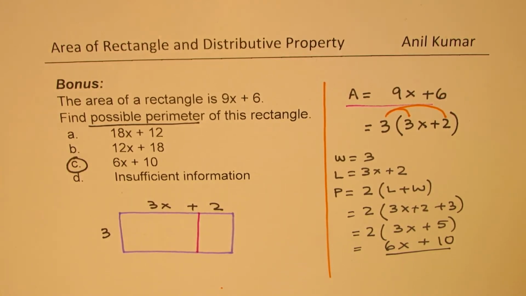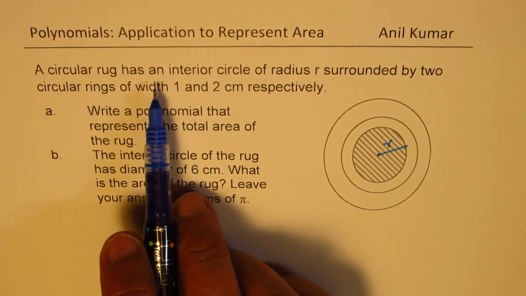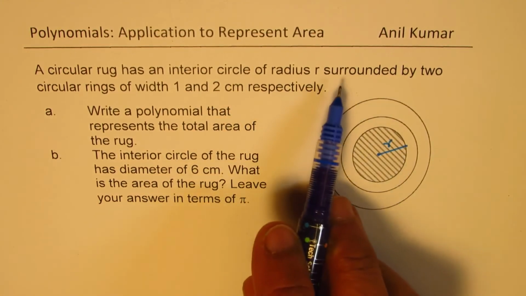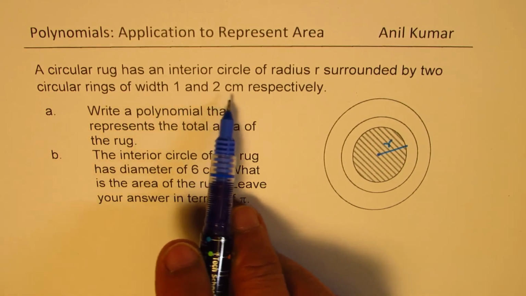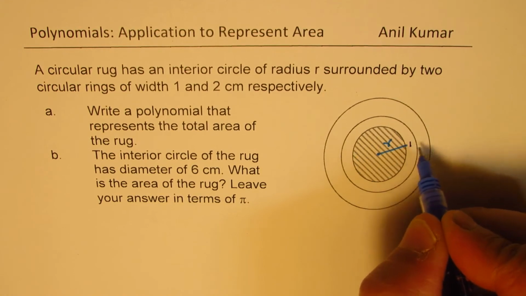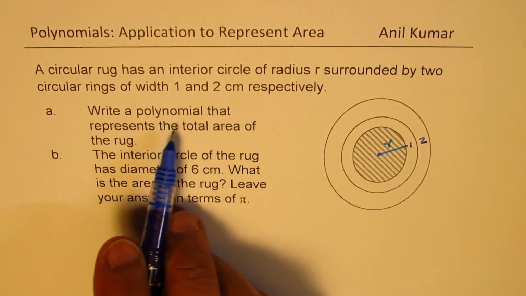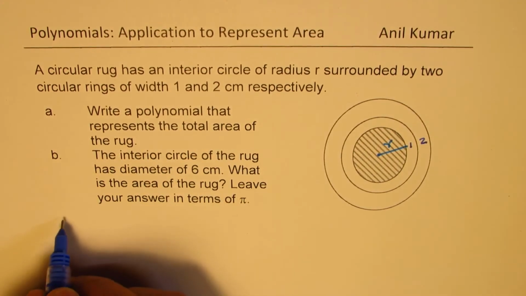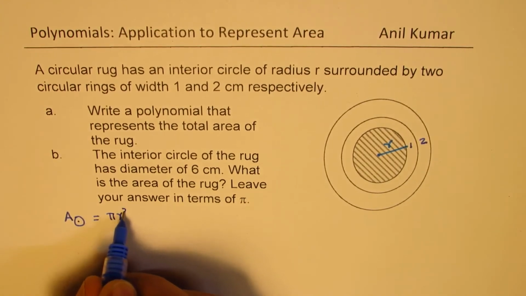I hope that helps. The question here is, a circular rug has an interior circle of radius r surrounded by 2 circular rings of width 1 and 2 centimeters respectively. So let us say this one is width 1, that one is width 2. Write a polynomial that represents total area of the rug. Now, area of a circle basically is pi r square, right?